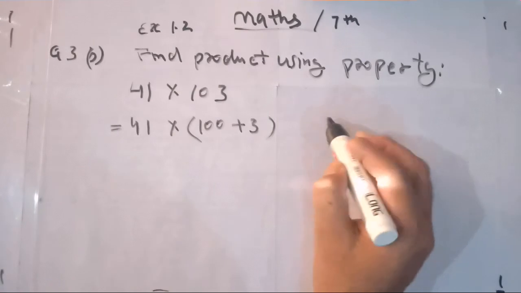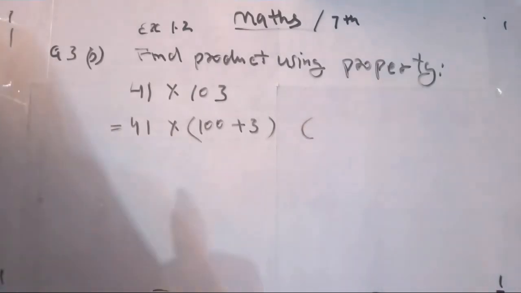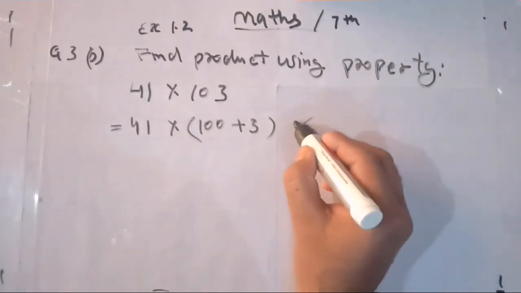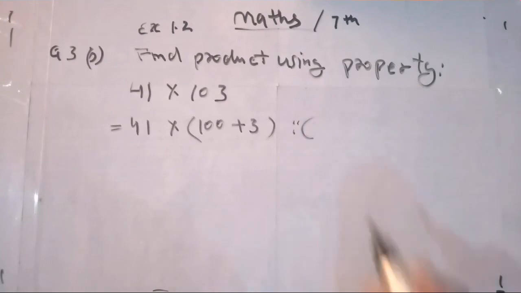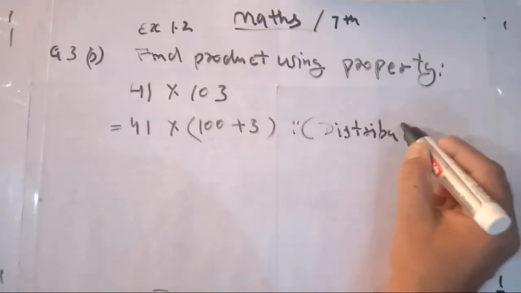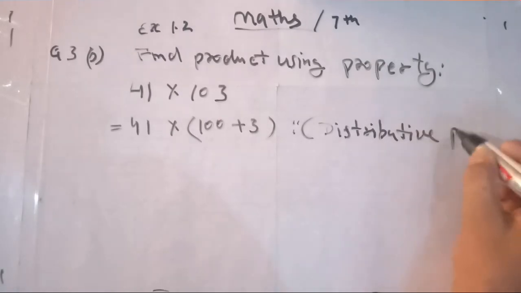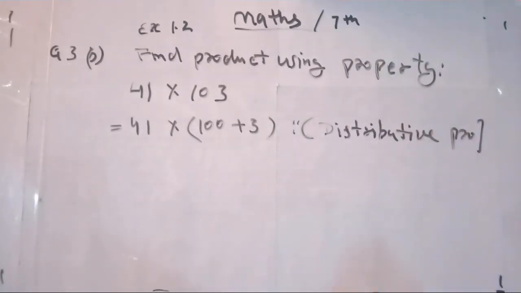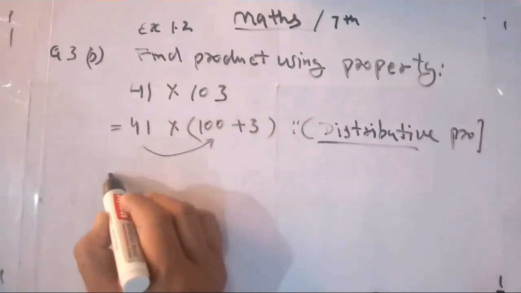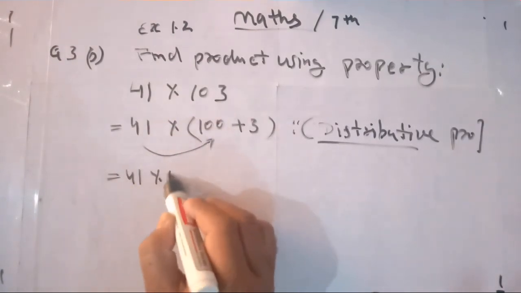Now we apply the distributive property. Beta, you should know the meaning of distributive. Distributive means to divide something to others. So first of all we distribute 41 with 100, so multiply 41 into 100.